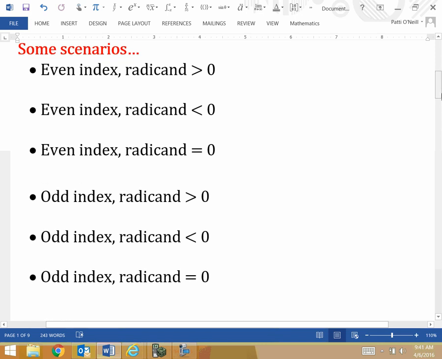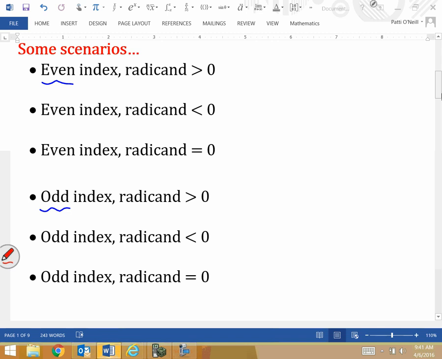So based on what I just said about the index, we basically can have two types of indices, either an even index or an odd index. So I'm going to give you some scenarios, really the only scenarios you can have for both situations. The first is if we have an even index and a radicand that's greater than 0.